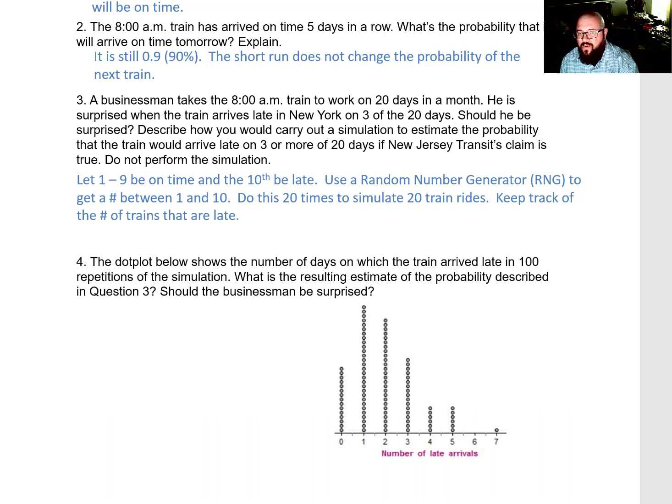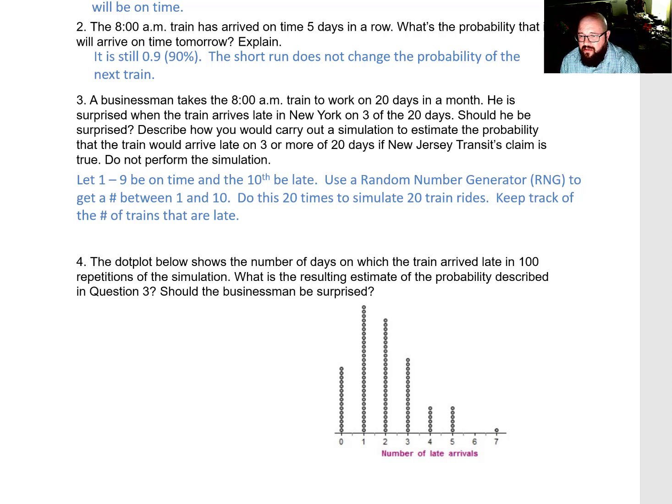Alright, so with this, if we were to go in here and count these dots, right? It says the dot plot shows the number of days the train arrived late in 100 repetitions. So in problem number 3, it said out of 20 days, 3 of them were late, right? 3 of the 20 days were late.